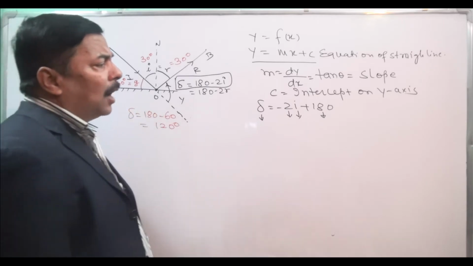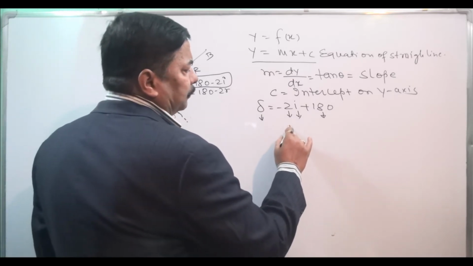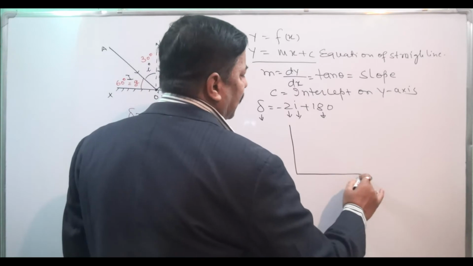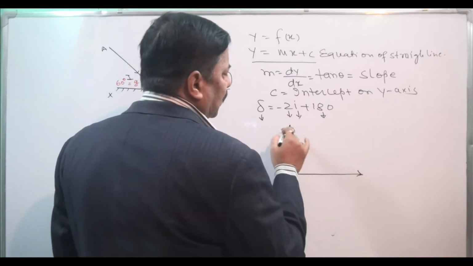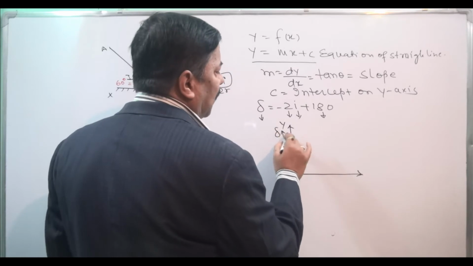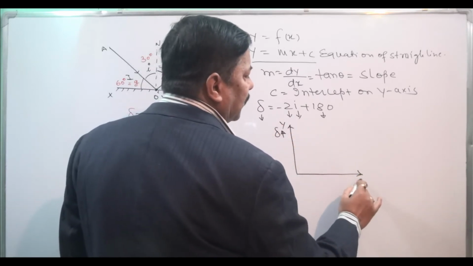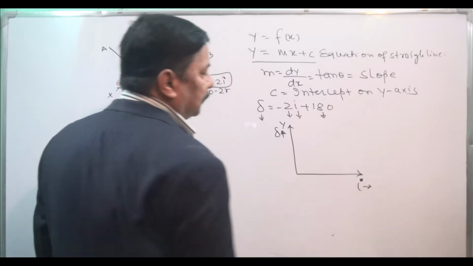So if I want to analyze the graph, see carefully. Here I am taking the y-axis on which I am taking the deviation delta, and on the x-axis I am taking the angle of incidence I.